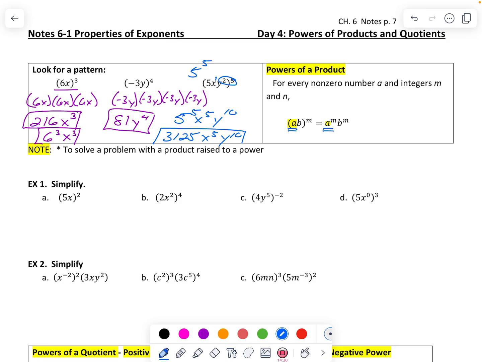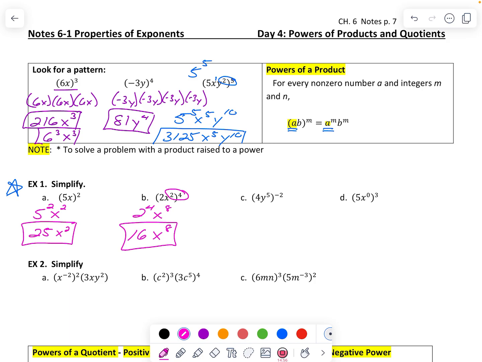So here, if we start looking at these first examples, this is 5 to the second, x to the second, or in other words, 25x squared. This one, and again, you can stop it and work ahead of me if you like. Remember, you multiply. So this is going to be 16x to the 8th.